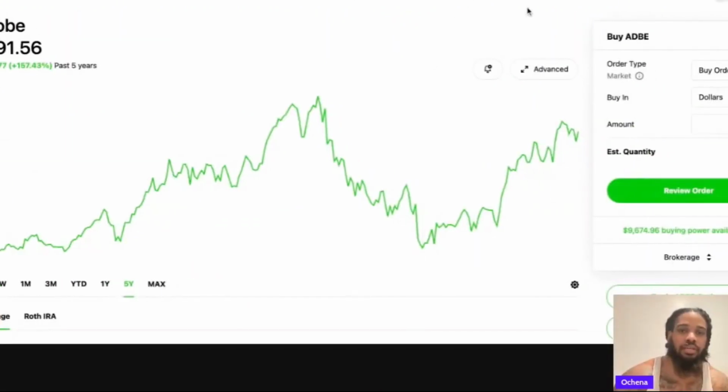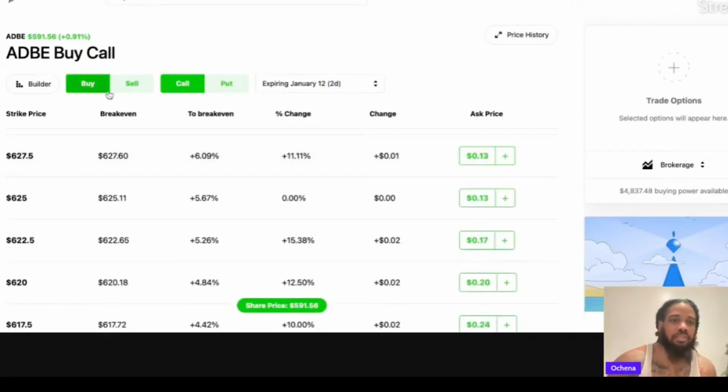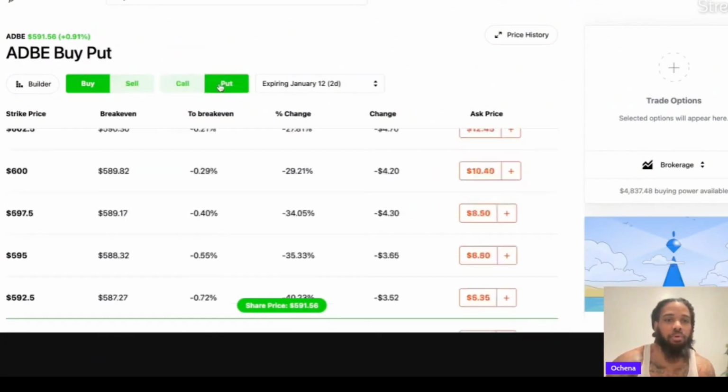Let's look at this option right here, the Adobe. So we're going to go to the options section, click on trade options, and as you can see, we could buy either calls or puts.